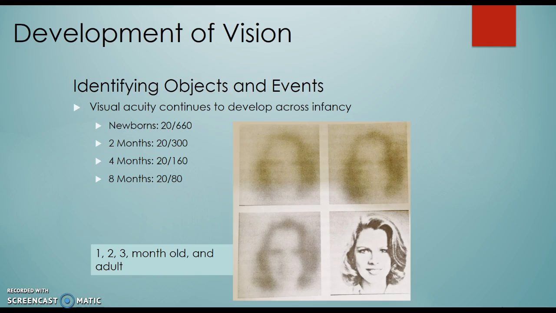So the top left is 1 month old, 2 month old, 3 month old, and then the bottom right is adult level vision, if you have good eyes. So you can see infants really can't see a lot, which is why it's important for infants to have a high stimulation environment. Infants can't really process tiny, fine patterns. That's why babies' rooms have big, colorful things in them, because that's all babies can process.